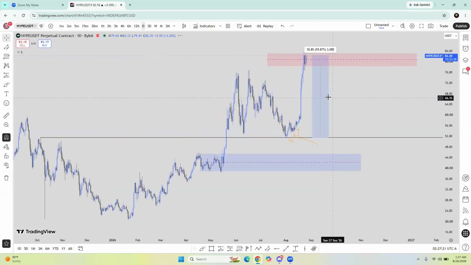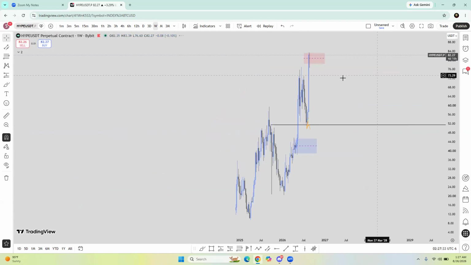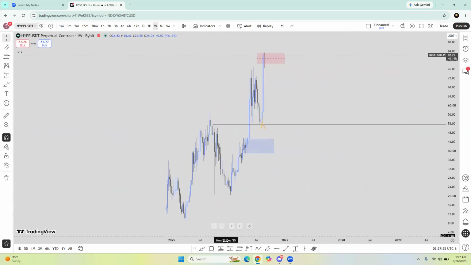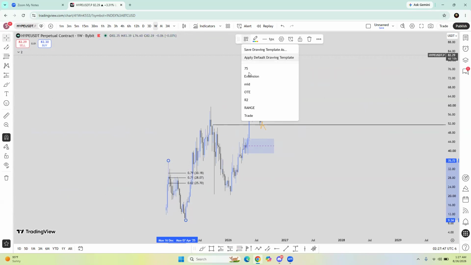Someone from India asked me why I marked this red zone on my stream and it is still here. What is this? Okay, I'm explaining it. This is the leg high, leg low. I'm marking extensions from high to low, previous extensions.